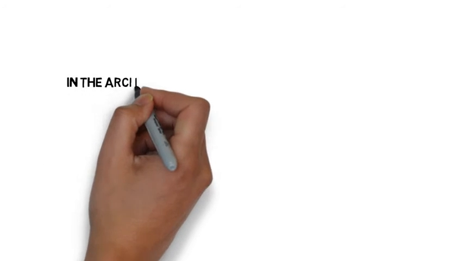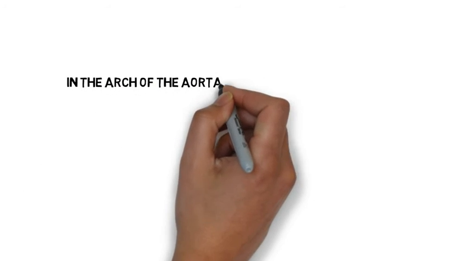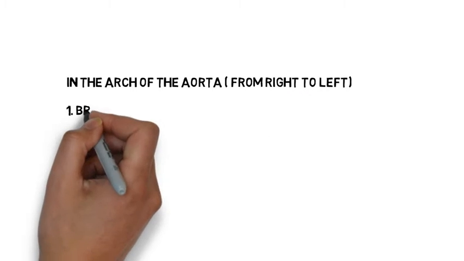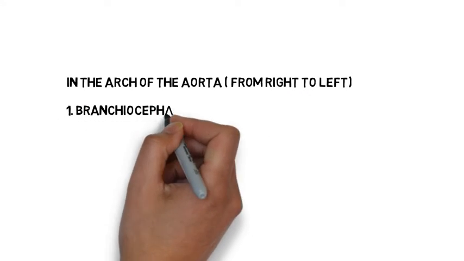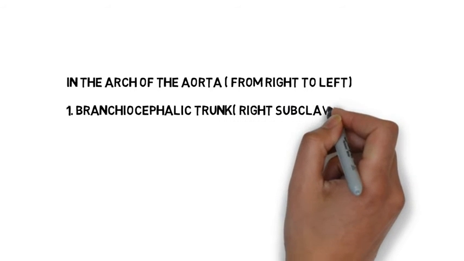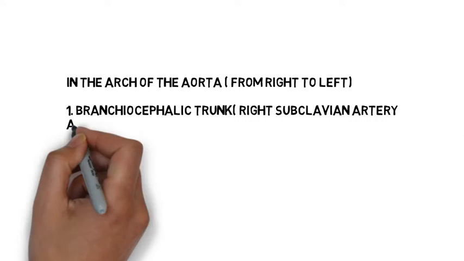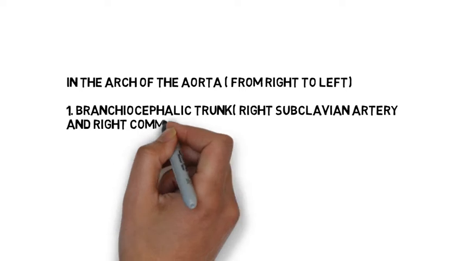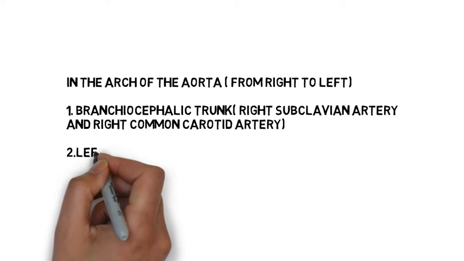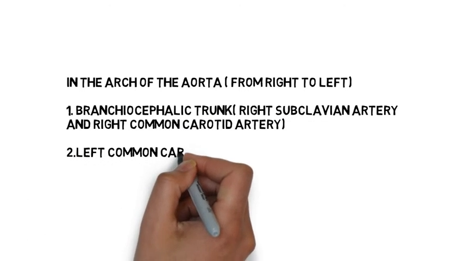If we delve closer into the arch of the aorta, we see there are three main branches, from right to left: the brachiocephalic trunk, which divides into the right subclavian artery and the right common carotid artery. Then the left common carotid artery in the middle and the left subclavian artery.